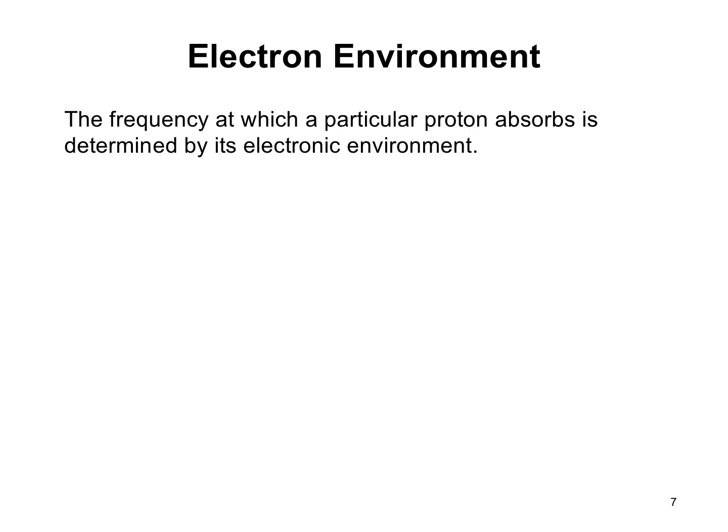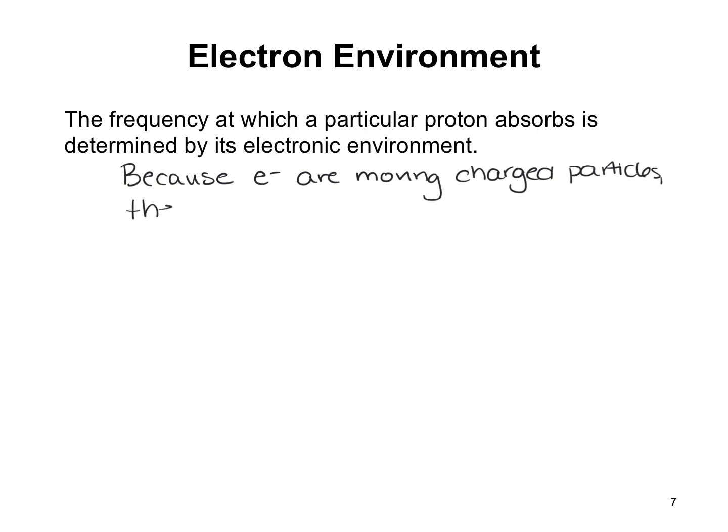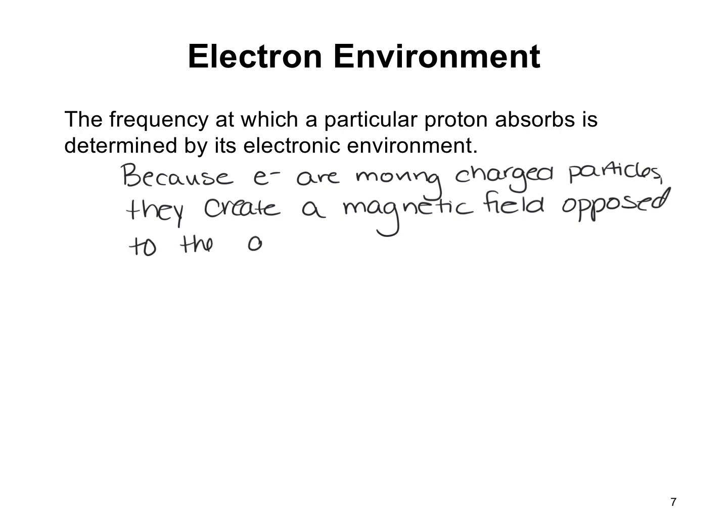The frequency at which a proton absorbs is determined by its electronic environment. So what do we mean by this? Well, because electrons are moving charged particles, they create a magnetic field opposed to the applied field.